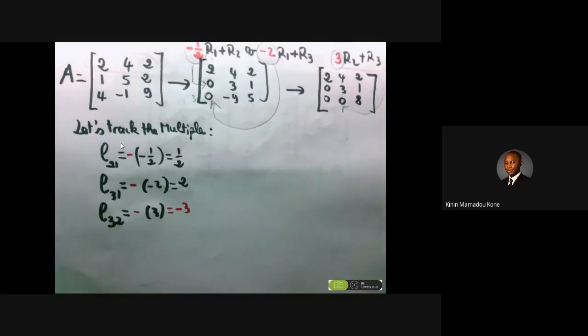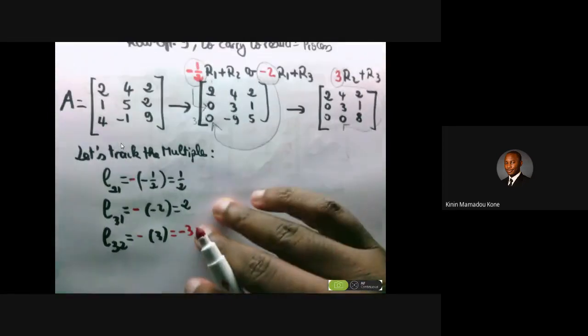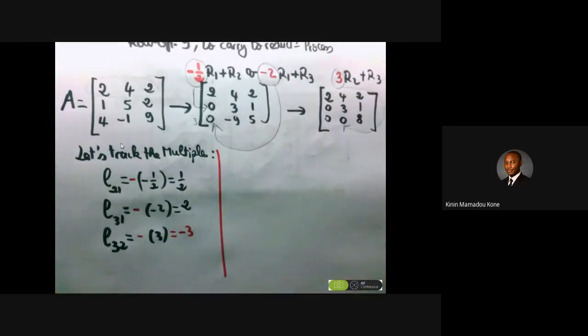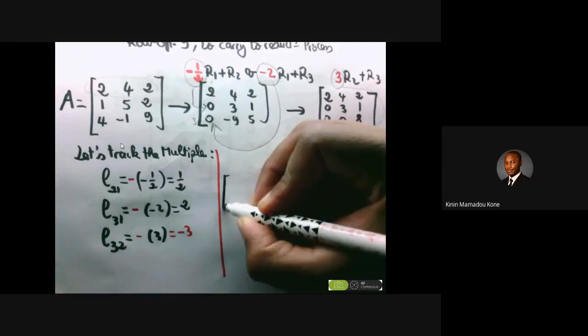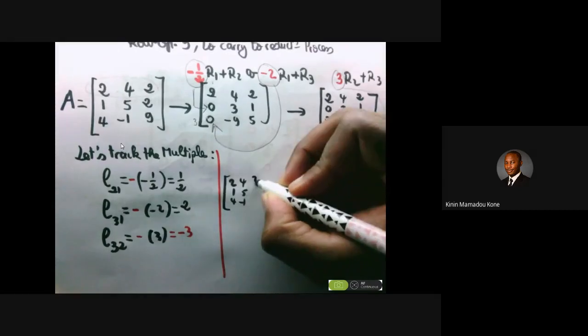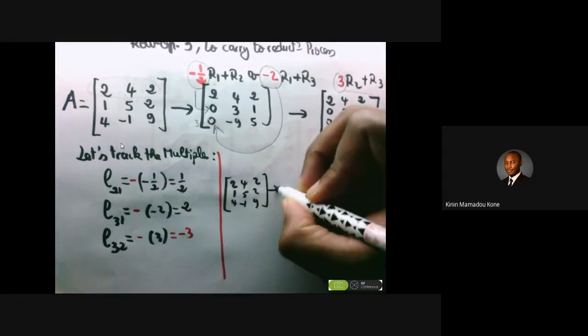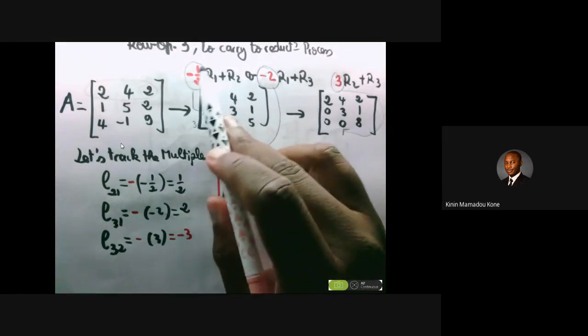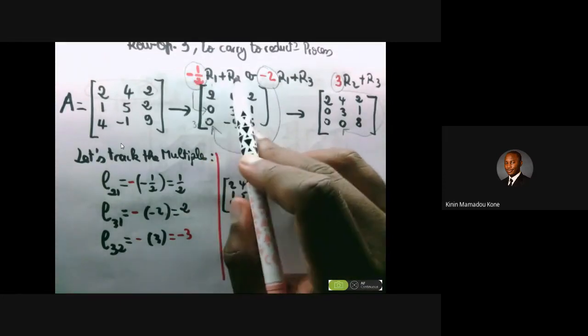Now, the way I've done my row reduction, sometimes people will do row reduction on something like 2 1 4 4 5 negative 1 2 2 9. The way I do it, I multiply one row and then I add it to another row.